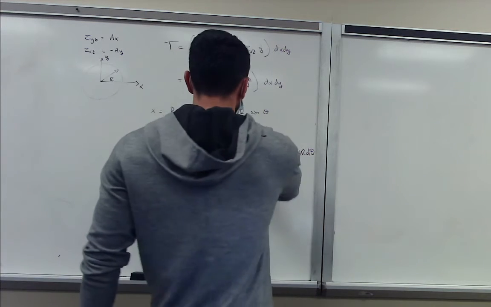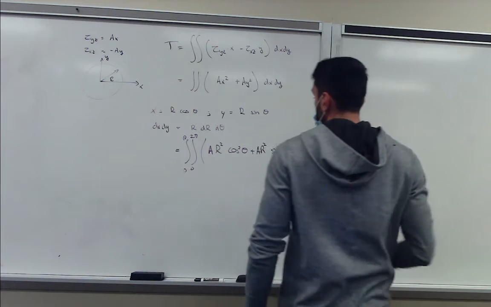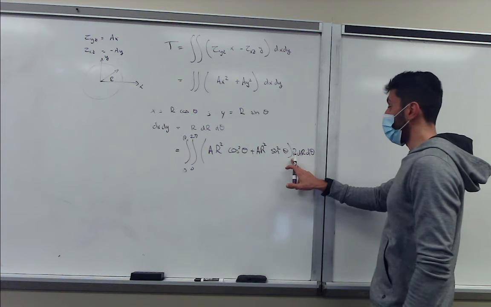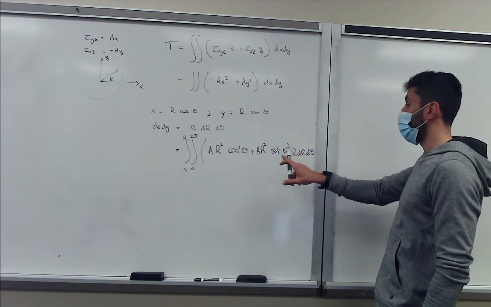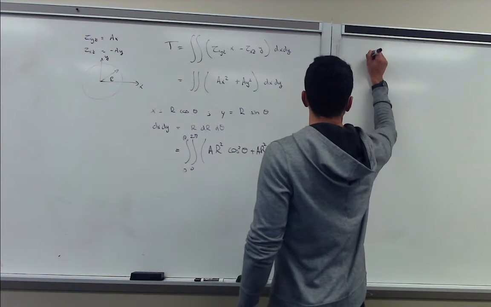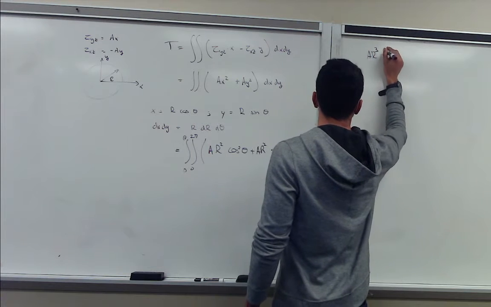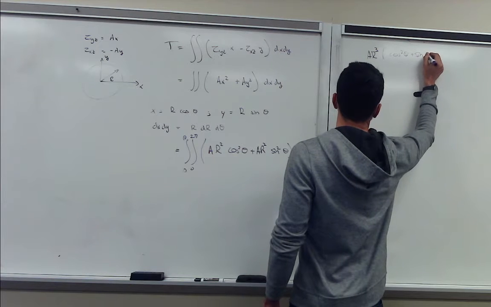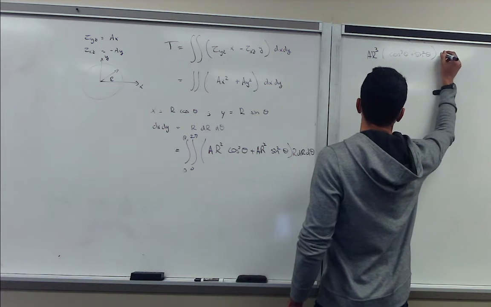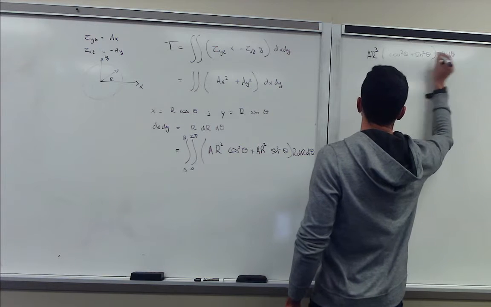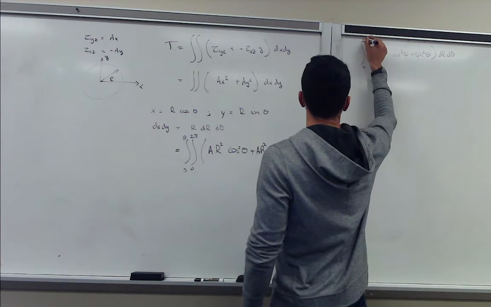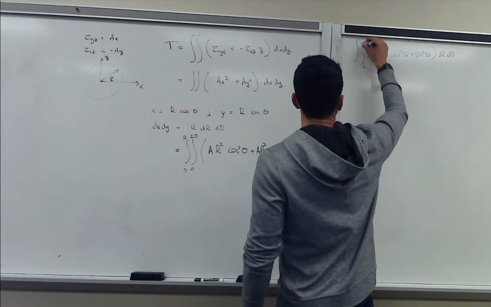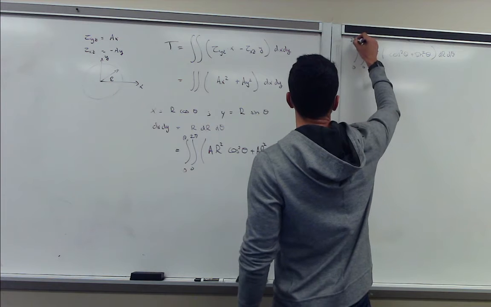With that said, we can rewrite this equation slightly differently. We can take a r squared out of it. We multiply by this additional r, so we get a r to the third, and then we get cosine squared theta plus sine squared theta, dr d theta, with bounds 0 to r and then 0 to 2 pi.